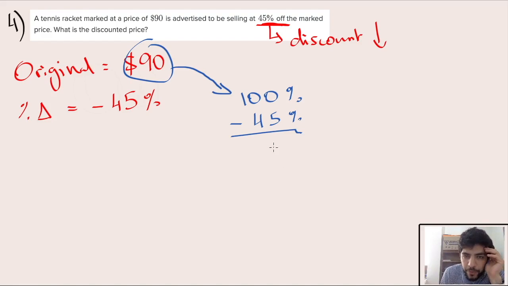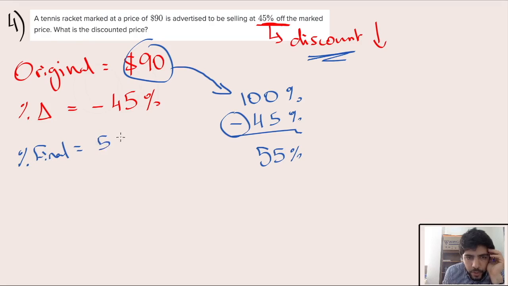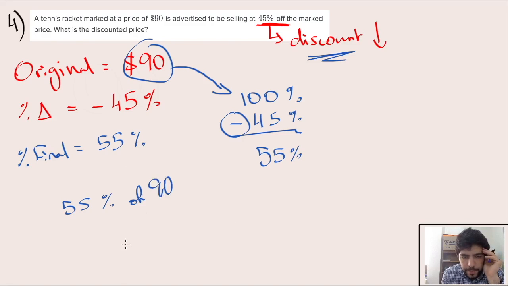And so we're taking away 45% of that, which leaves us with just 55%. And remember, we're taking away because it's a discount. And so all we need to do for the final, the percent final, is just find whatever 55% of 90 is. And so 55% of 90. And let's do that real quick.